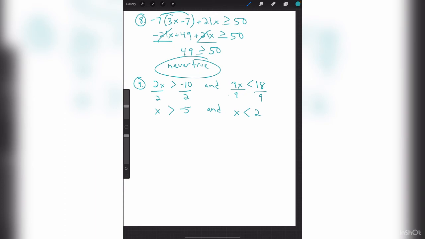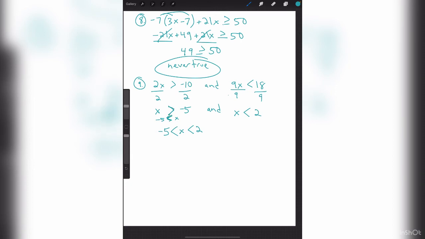So I could do something like this actually. And watch this, and I'll explain why I did it after the fact. All right? I wrote something that looked like this. Because this part right here, x is greater than negative 5, couldn't I also write that as negative 5 is less than x? Right? Because the mouth opens up towards the x in both of them.